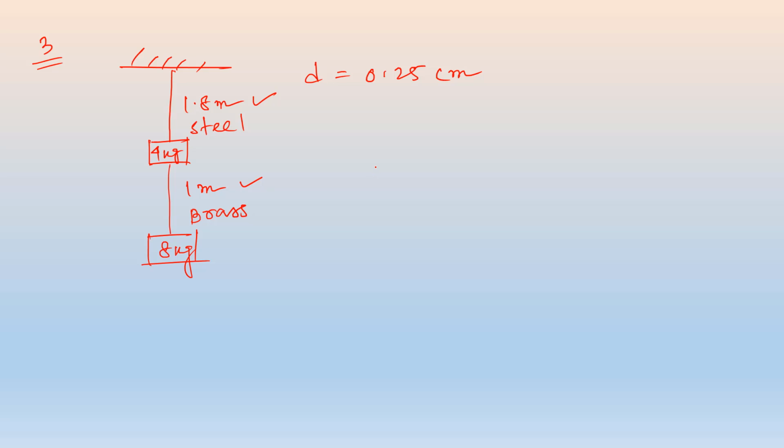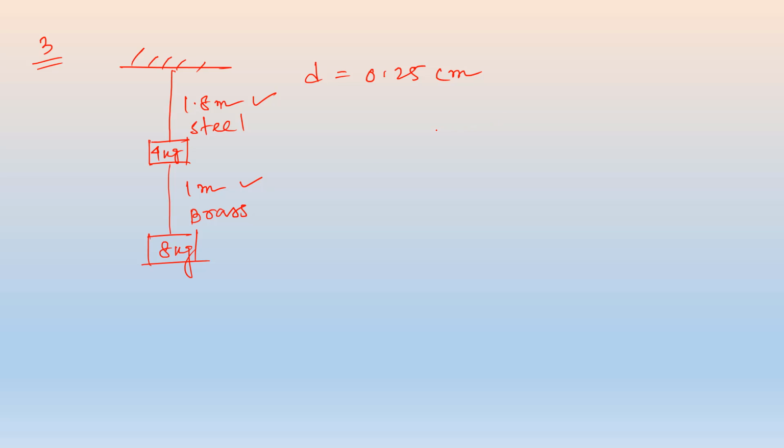In this case, the rest of the things are given: if the masses are tied up with those strings, there would be some extension. That means there will be some elongation that can also be seen from there. Okay, so let me give you that. What is the elongation that is produced by that?